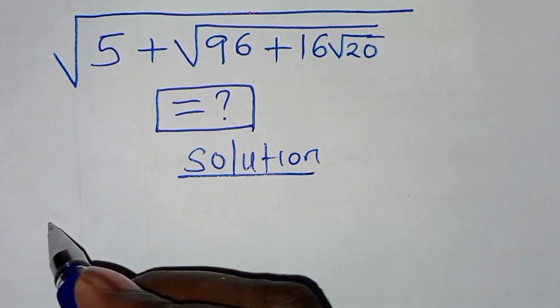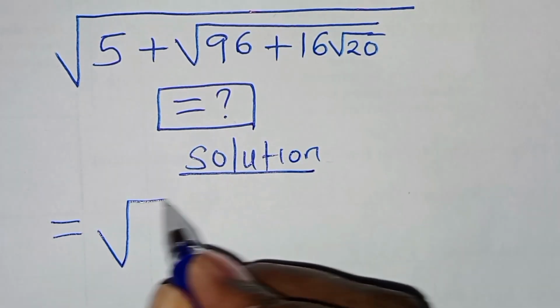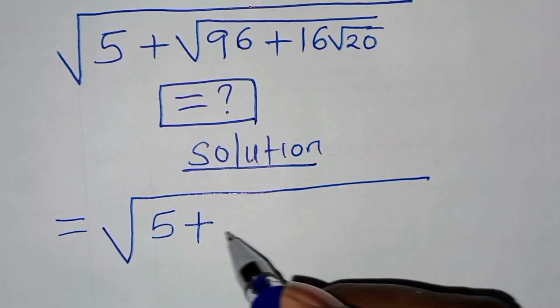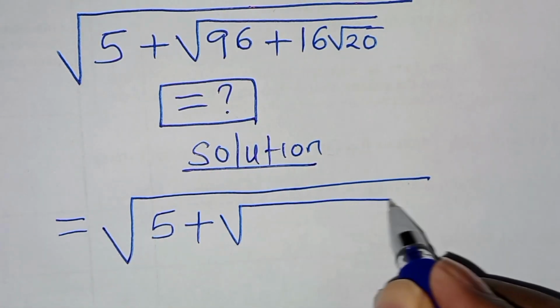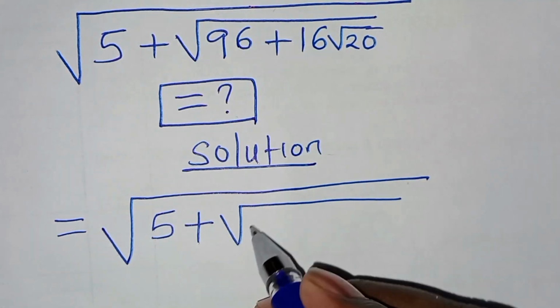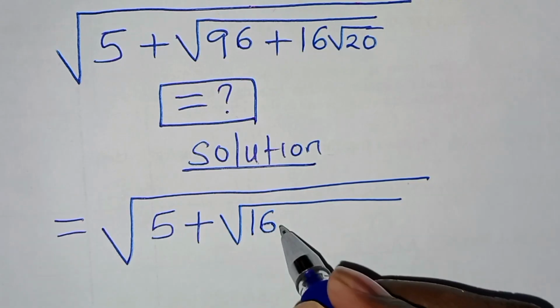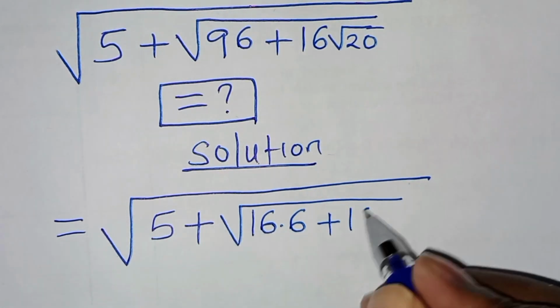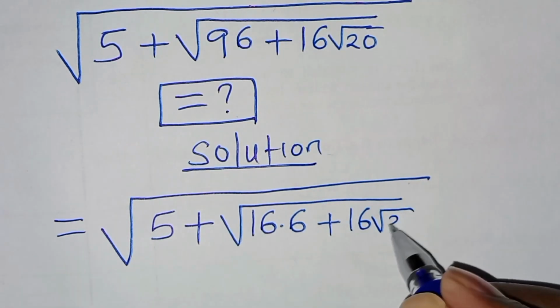we can express this as the square root of 5 plus, now here we have the second square root, which is the square root of 96. We can express 96 as 16 times 6, then plus 16 square root of 20.